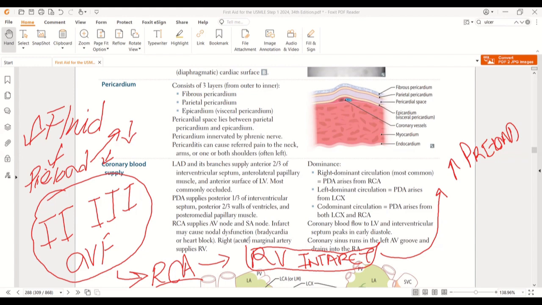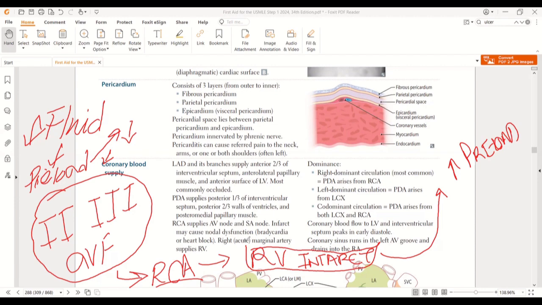Because although the preload of the right side is increased, if we didn't give the fluid to the patient, the preload of the right side will also decrease, and the left side preload will severely decrease, and it's unable to maintain the stroke volume and the cardiac output, right? So this is a different thing. So we avoid nitrates in right ventricle infarct, but we give the nitrate in other MIs, right?